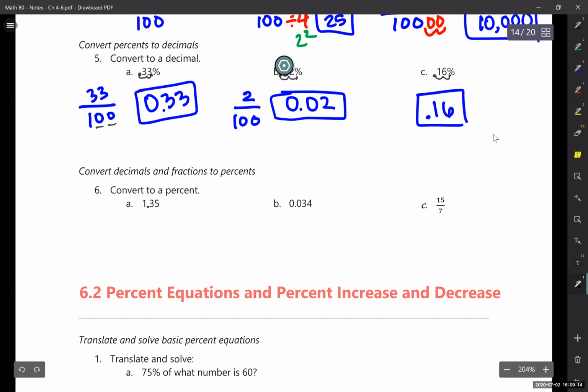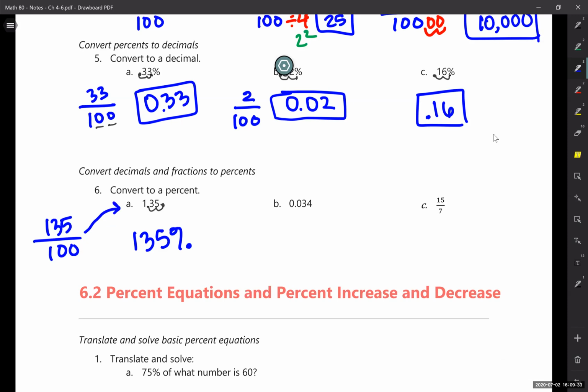So I would move it over 1, 2, and I would get 135%. And the reason that works is because 135 over 100 divides out to be 1.35, 1 and 35/100. So we just move the decimal the other direction.